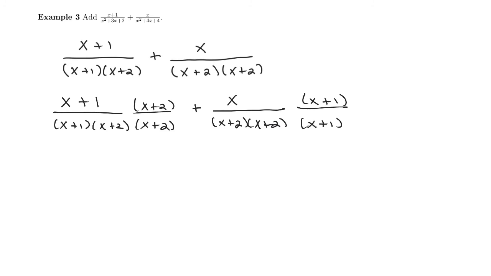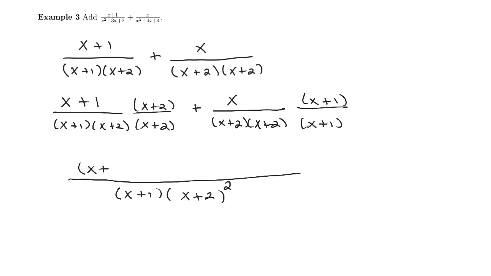If I set up one fraction, I have one x plus 1, and I have an x plus 2. I have two of them, so maybe I'll just put a squared here. And for my numerators, I have x plus 1 times x plus 2, and I also have x times x plus 1. And at this point, the question's pretty much done.